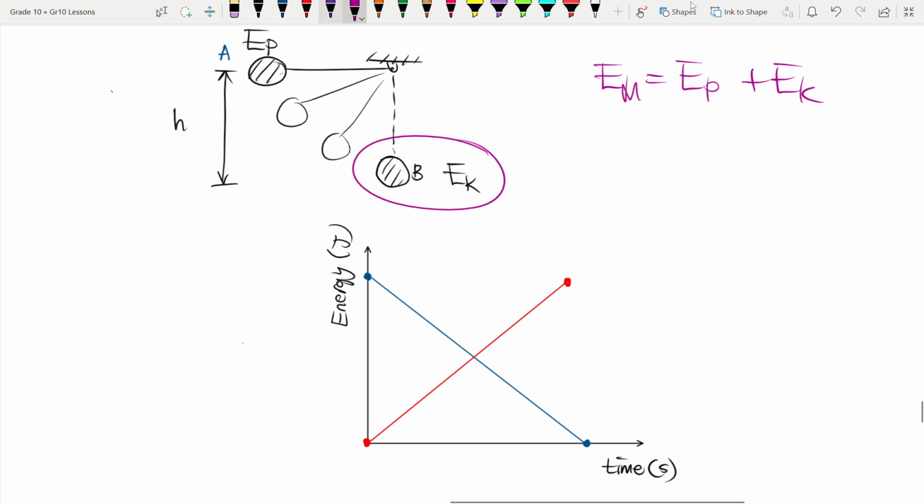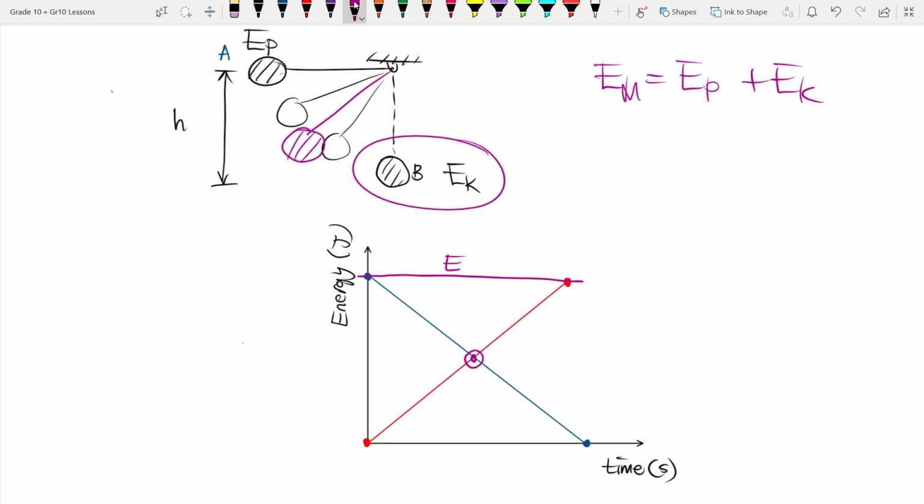But right in the middle, all the values are halfway, at this point here. If I add all these function values, I get EM, which is going to go from maximum to maximum. So EM stays the same. It stays the same value.